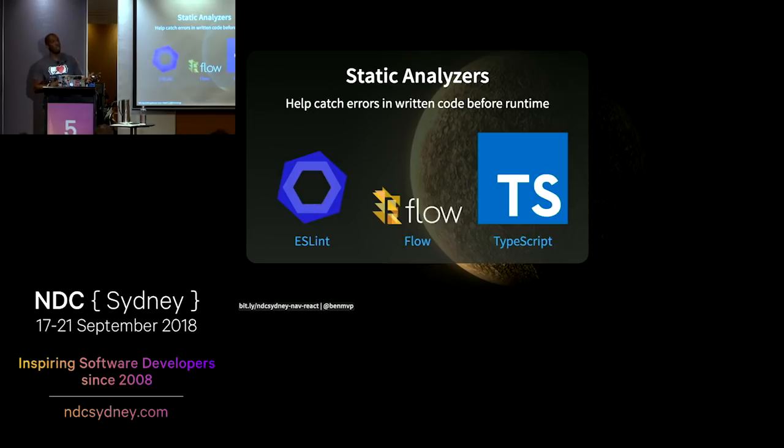So issues with your JavaScript or with your JSX, and common pitfalls with React. And Flow and TypeScript, they're mainly just around static type checking. So JavaScript doesn't have static typing, but they added on top of it. Flow is just for static typing, whereas TypeScript is static typing plus a JavaScript superset, so it does transpilation as well.